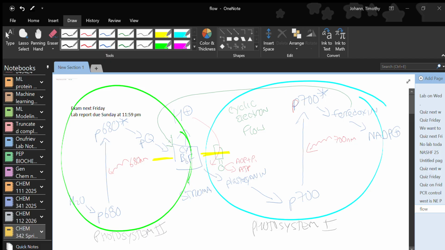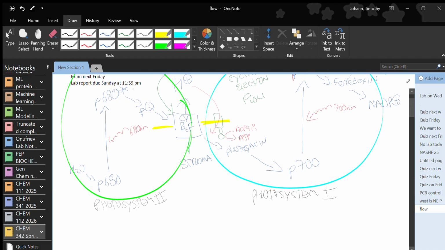So if we think about energy in this process, we have 8 photons that are absorbed.